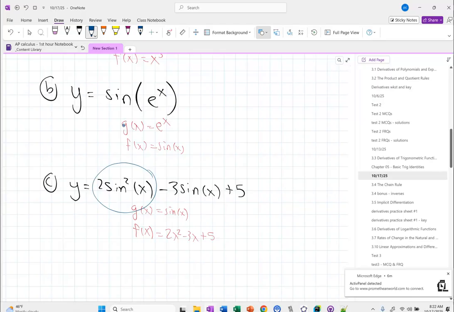Sine x, and the outer function is, Adrian? 2x squared. Perfect, yes. Is everybody okay seeing it as two different things?